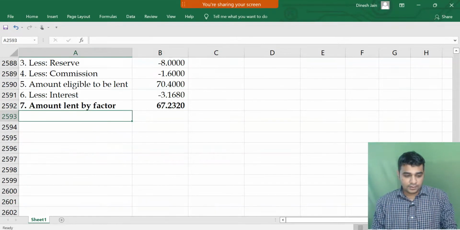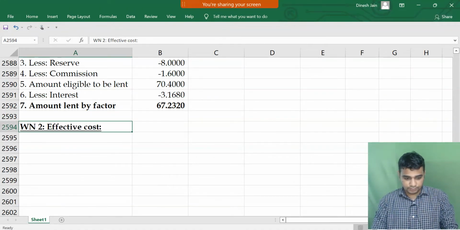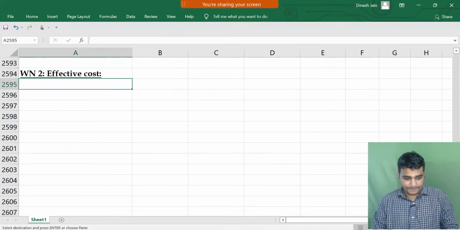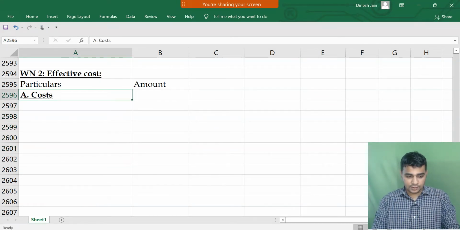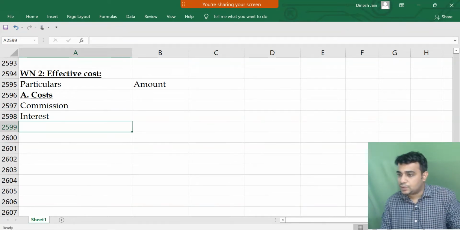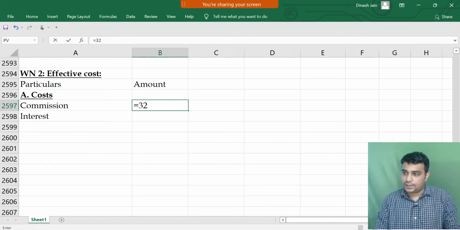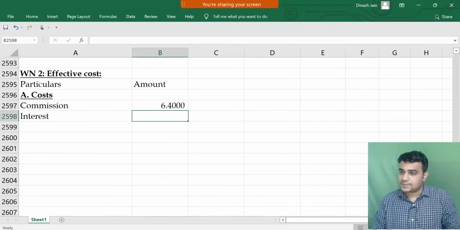Then working note 2, effective cost. Costs: commission and interest. These are the two expenses the factor will mostly charge. Commission is on the entire sales. Now we are doing the annual calculation, 320 lakhs into 2%.